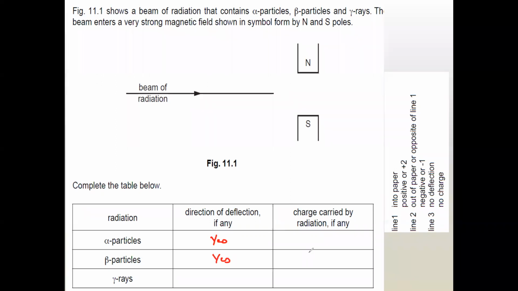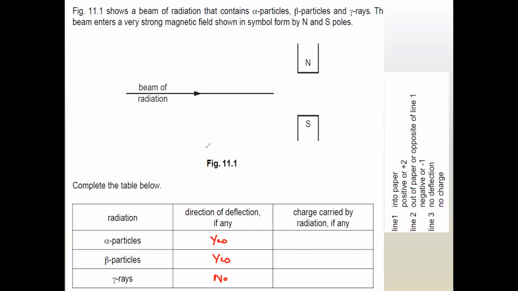Yes. And for gamma, no. But now we need the direction of the deflection. Like the first part, yes and no is not the answer. Yes and no is just to make you understand that there will be a deflection for alpha and beta, but no deflection for gamma.